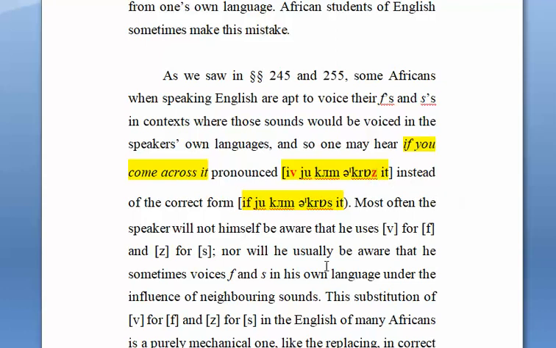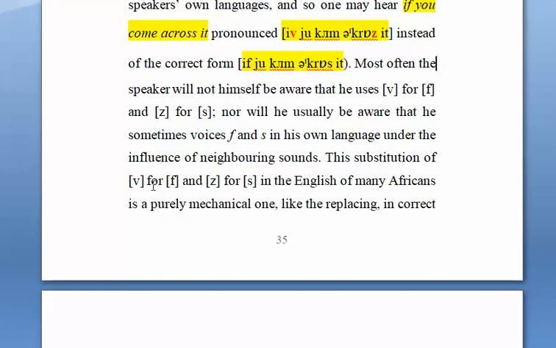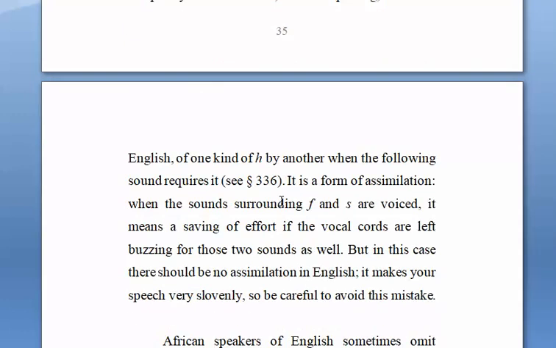Most often, the speaker will not himself be aware that he uses v for f or z for s, nor will he usually be aware that he sometimes voices f and s in his own language under the influence of neighboring sounds. This substitution of v for f and z for s in the English of many Africans is purely mechanical, like replacing one kind of sound in incorrect English by another when the following sound requires it.